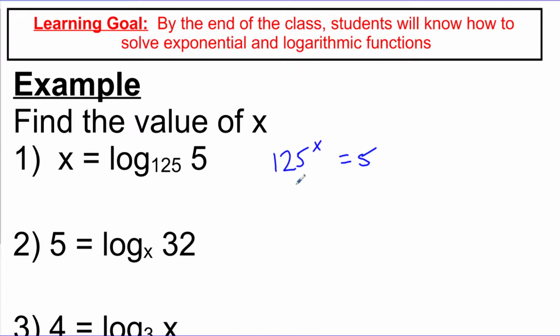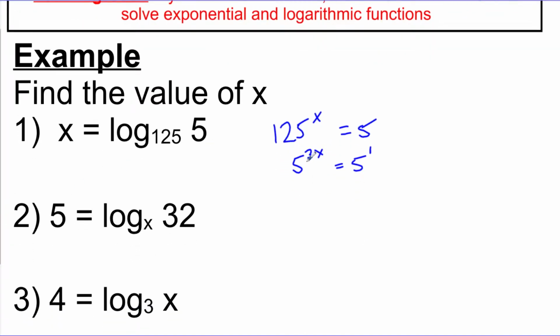I'm going to turn this into a base of 5, so I use the one-to-one property. 125 is 5 to the third power, and 5 is really just 5 to the first. For a one-to-one, I need the same base and exponents on each, so 3x is equal to 1, and that means x has to be 1/3.